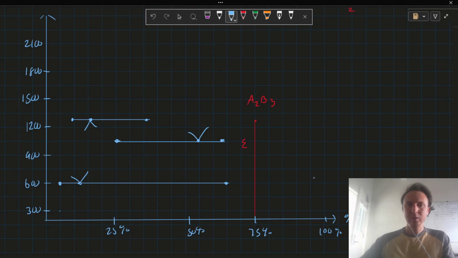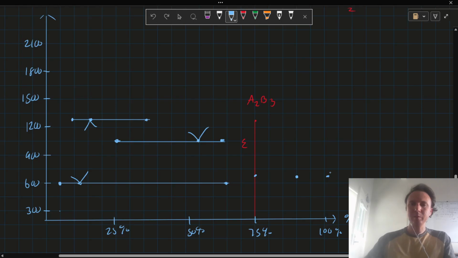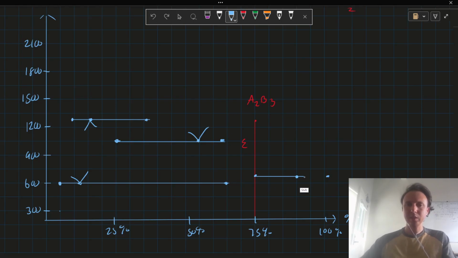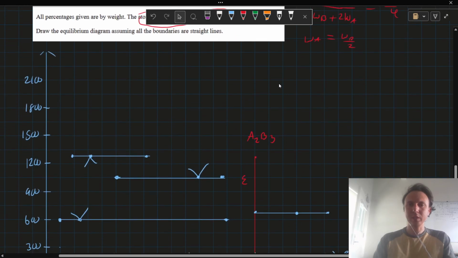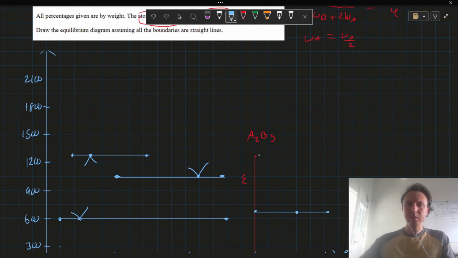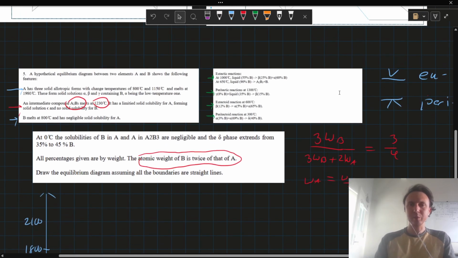So 90% would be about here. 75 implicitly, and then 100. Okay. And that one, make that straight. So that one is eutectic. So we'll go ahead. And this one, we're going to be able to start connecting them soon. Let me draw the last one first.